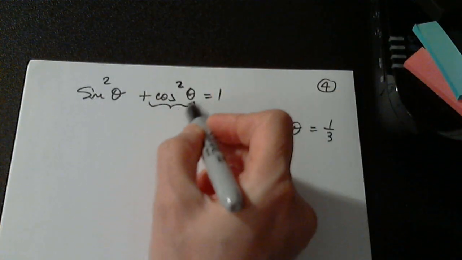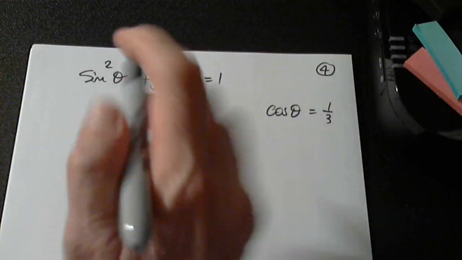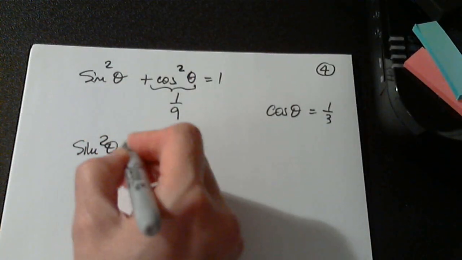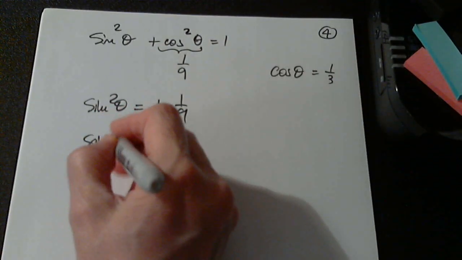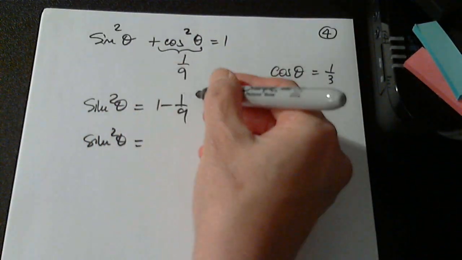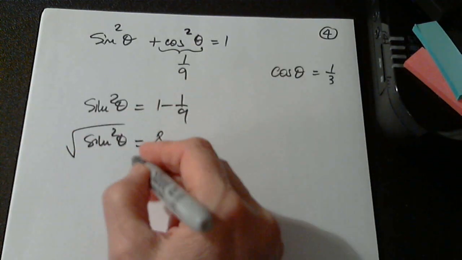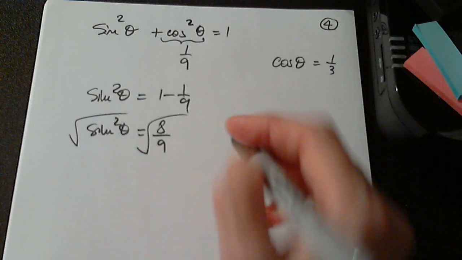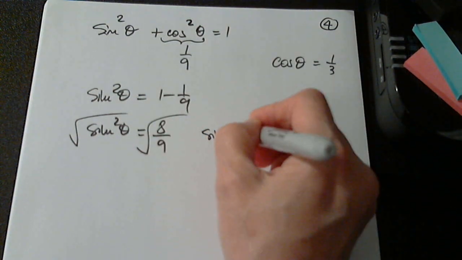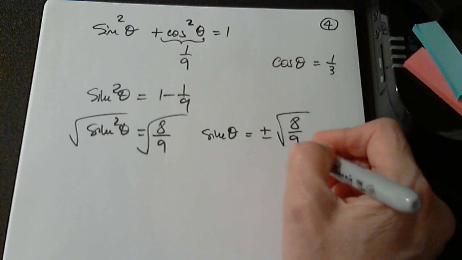I will replace this by 1/9. I will move 1/9 to the other side. I will perform the operations. 9 minus 1 is 8. And now I'll take the square root. And I get sine theta equals plus or minus the square root of 8/9.